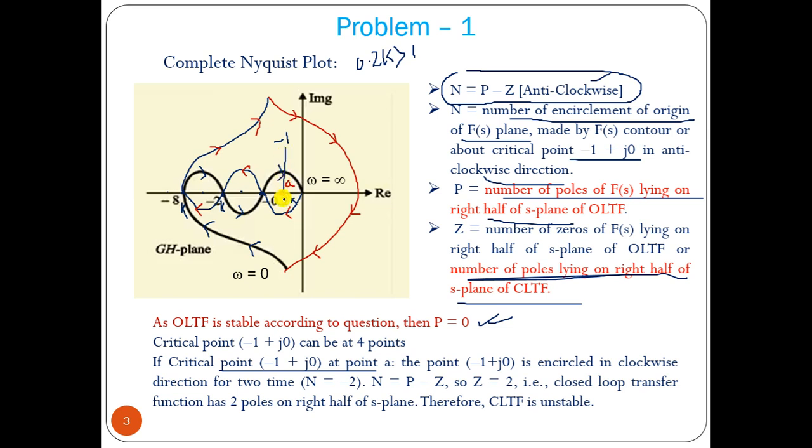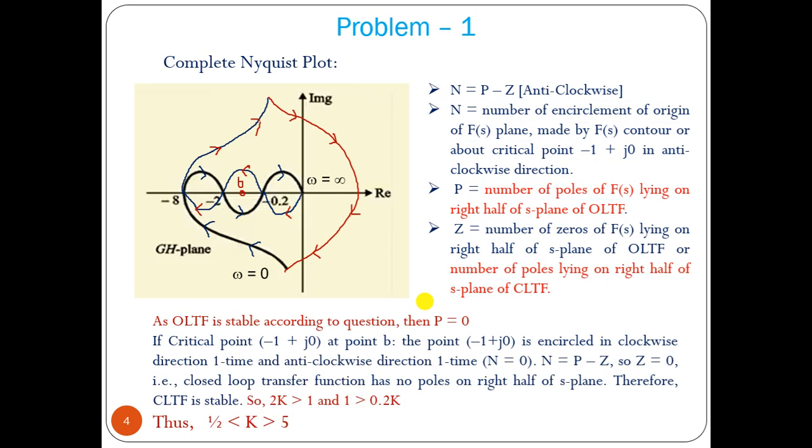If you take the magnitude, the negative term you can neglect. So 0.2k greater than 1. From that, we can say that the k value is greater than 5, right? K value greater than 5.